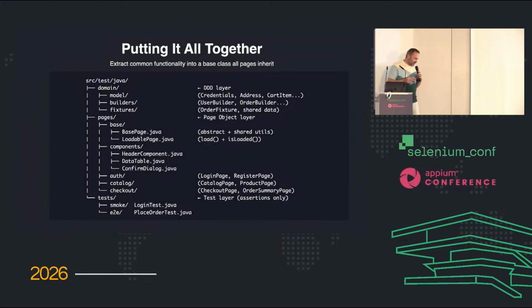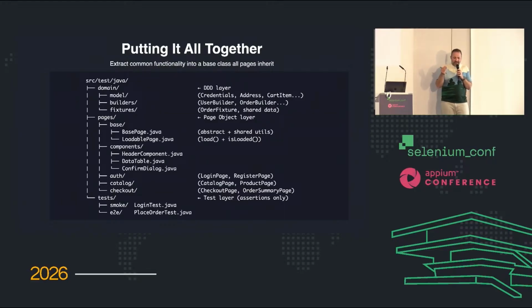So this is the way that I would suggest. It's not mandatory, but whenever you structure all your pages and projects, just follow the same pattern. So whenever it's domain, like the DDD pattern, like you are doing modeling, features, builders, you keep them separate. Pages, base page: you will have a base page and a loadable component base page.